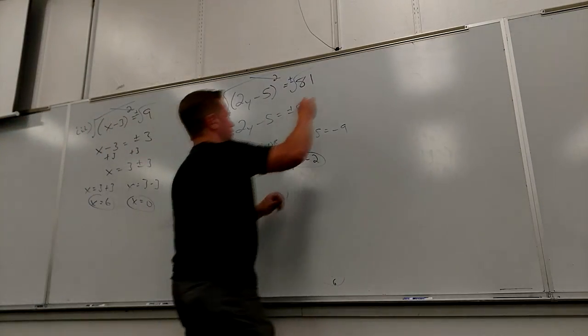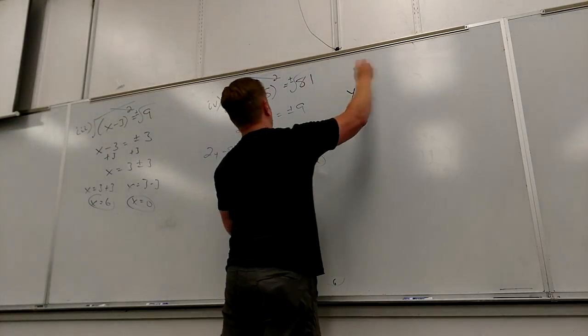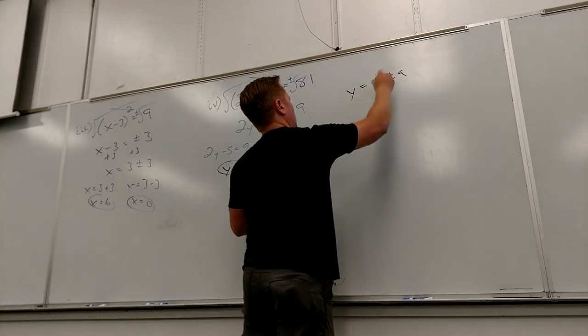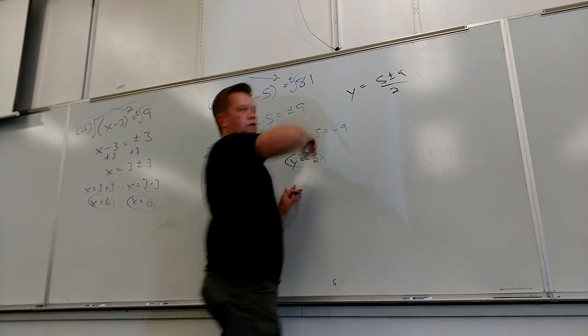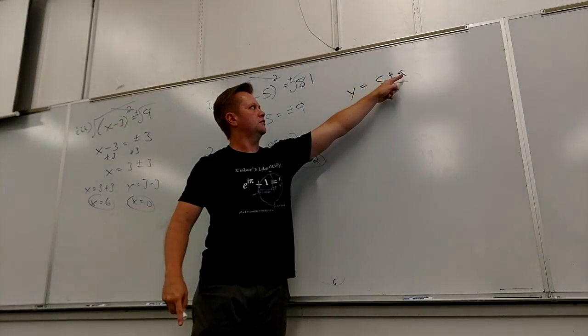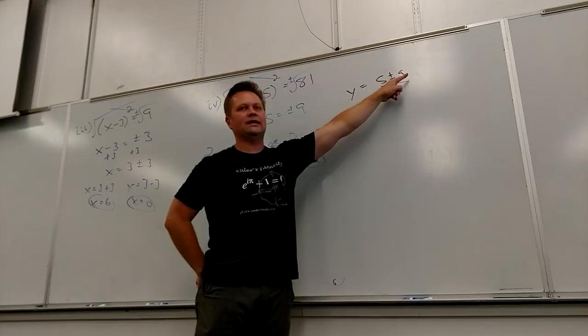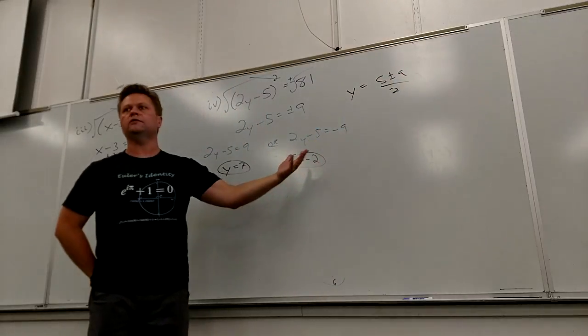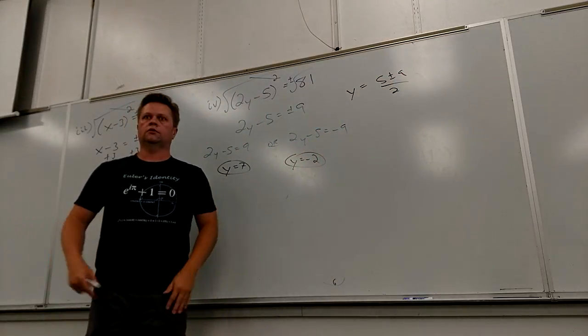Now, you could also do this. Add 5. And then divide by 2, so you get this weird looking thing. And then you do 5 plus 9, 14 divided by 2 is 7, 5 minus 9, negative 4 divided by 2 is negative 2. You get the same answers again, of course.